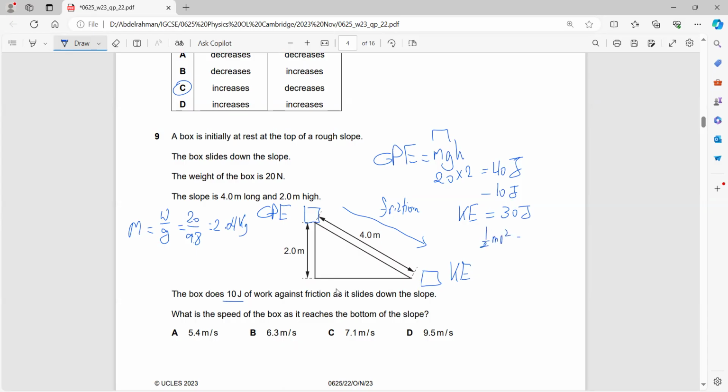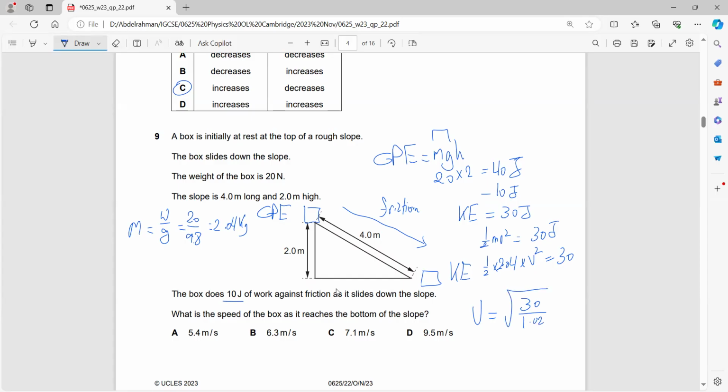Half mv squared equals 30 joules. Half times 2.04 times v squared equals 30 joules. So v equals the square root of 30 divided by 1.02, because half times 2.04 is 1.02.